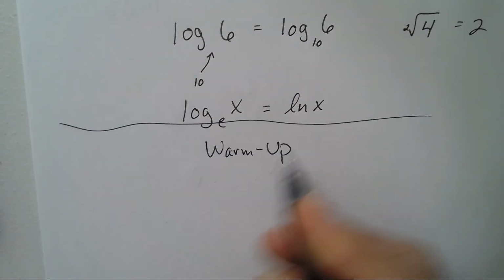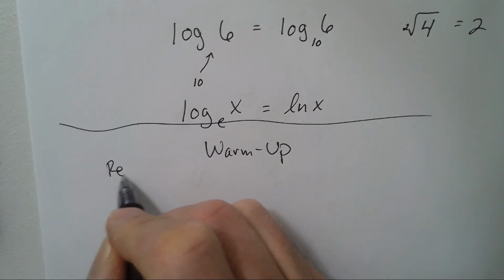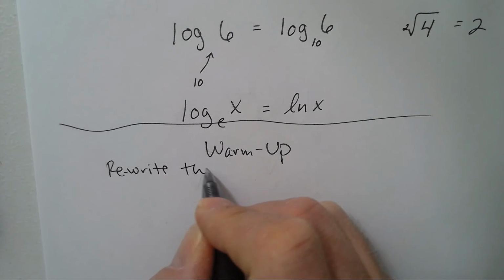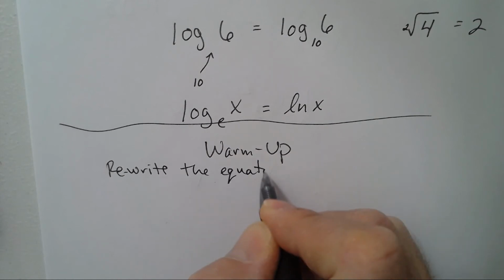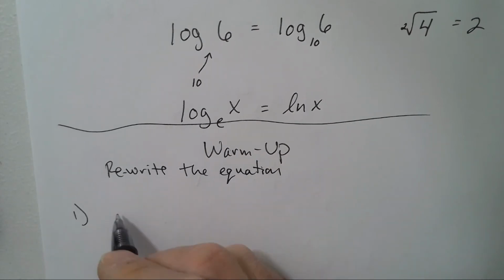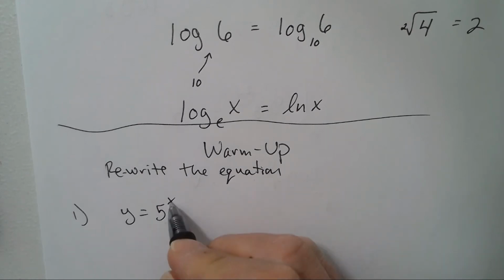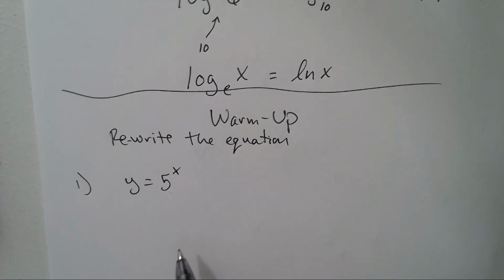So I want you to rewrite the equation. Let's start with that. So number 1, y equals 5 to the x. So write it in the other form. You're gonna write it in log form.